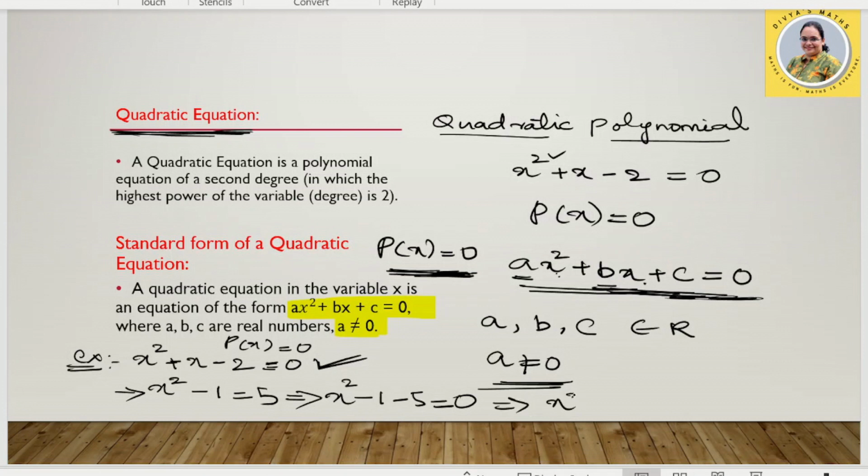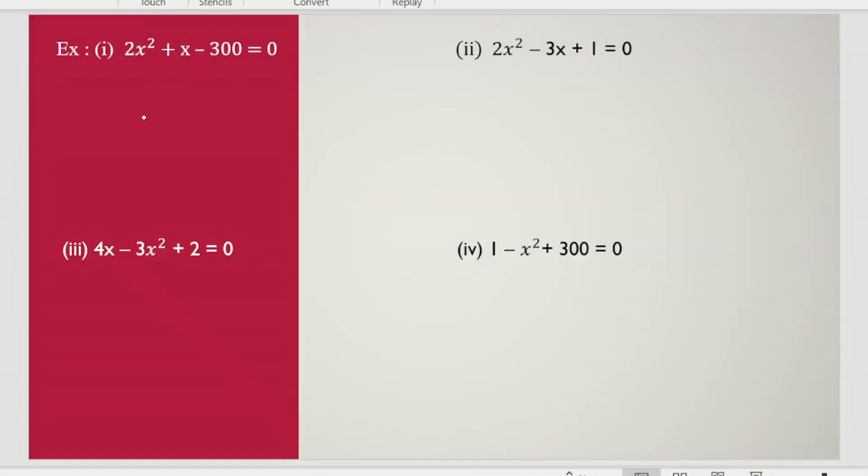This equation becomes x square minus 6 is equals to 0. This is a quadratic equation, in the form of p of x is equals to 0. Let us take a few more examples to understand what a quadratic equation is.